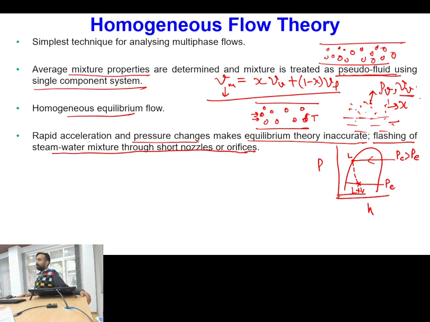If you don't know, then I have given you an example, but you will not understand what I am talking about over here. Is this point clear? Yes, this is a throttling device. Within the throttling process, liquid is getting converted into vapor because of a decrease in pressure. That is what is called flashing.